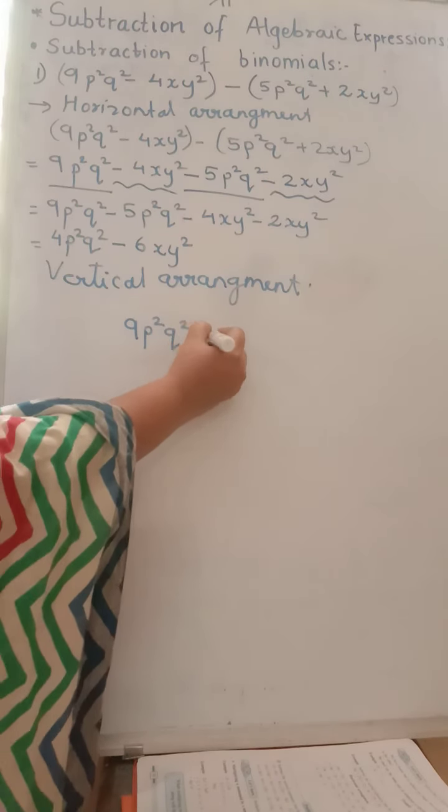Okay. Now we will check or solve same sum in a vertical arrangement. For that, we will arrange these two expressions in vertical way, in this way. First expression, 16x plus 23y plus 12z, minus, that is subtraction. Next expression, 9x minus 27y plus 14z. Leave a line and draw this line.